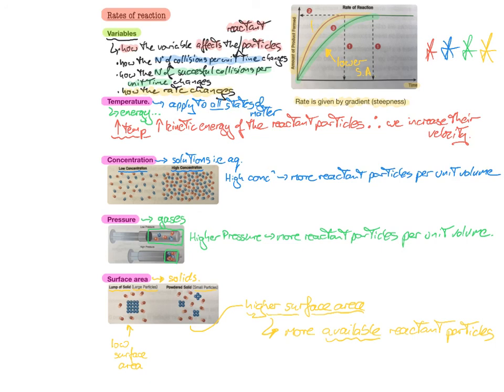This is going to be my higher surface area curve. Because if we have a higher surface area, we have more available reactant particles, more collisions per unit time, more successful collisions per unit time, higher rate, and that rate is given by the steeper initial gradient.